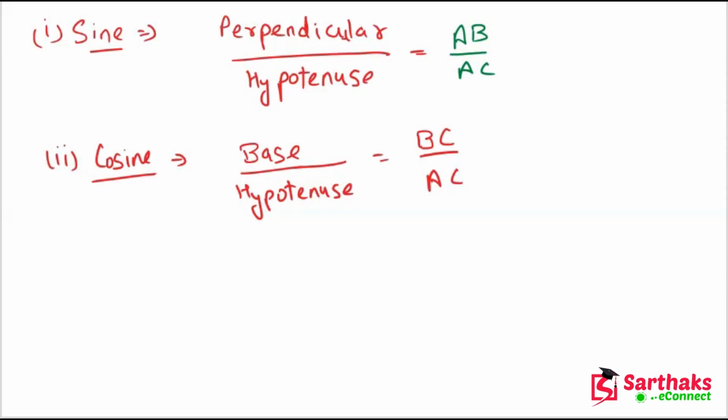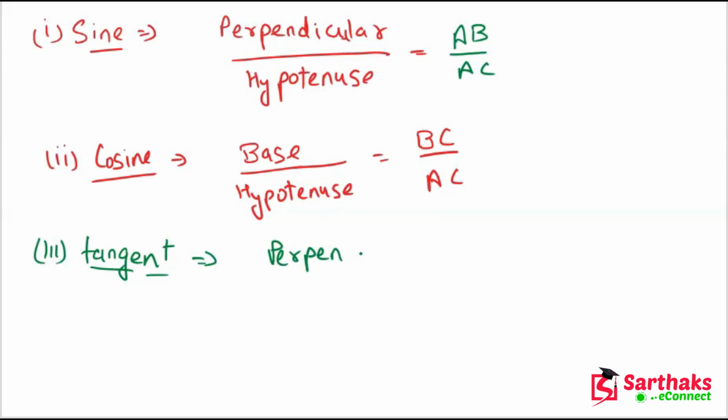Now the third ratio is the tangent ratio. The tangent ratio of an angle is defined as the ratio of the side opposite, means perpendicular, to that angle, to the side adjacent to that angle.